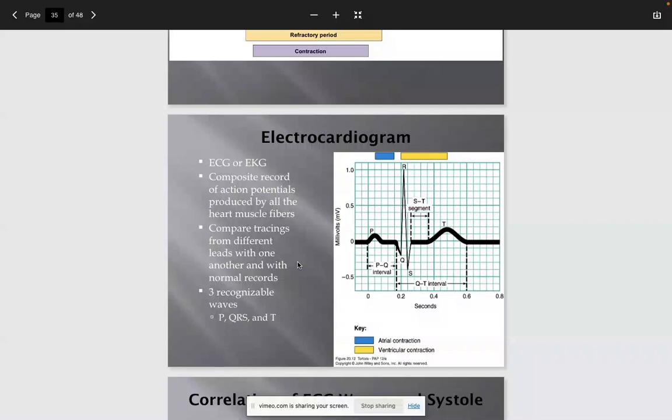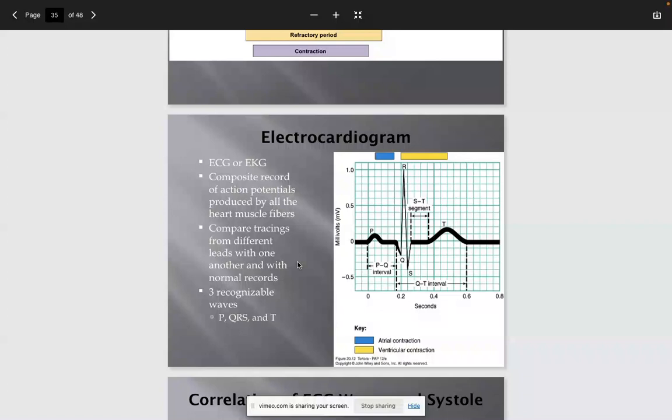We know that the SA node is responsible for atrial contraction. As this conduction system spreads throughout the myocardium, we have an electrocardiogram, which shows how the heart is conducting, and these different waves correspond to different levels of that conduction system.